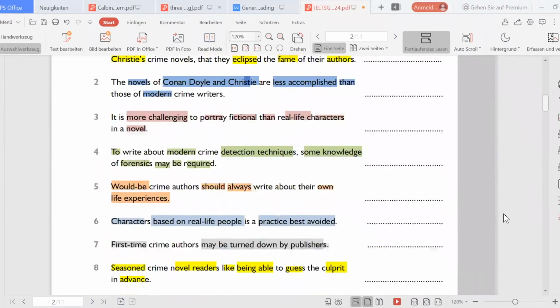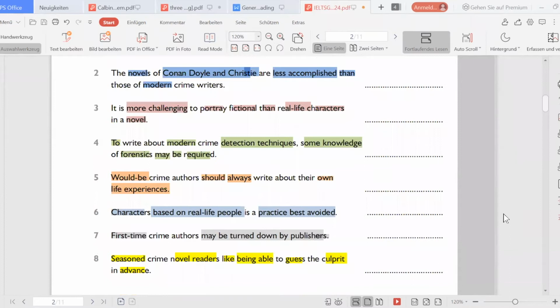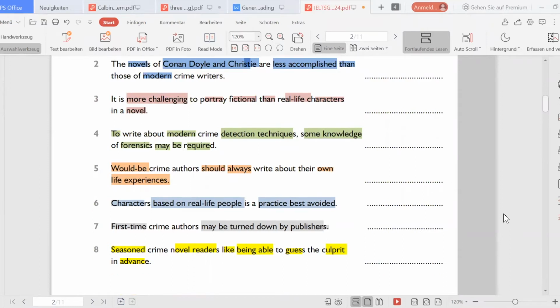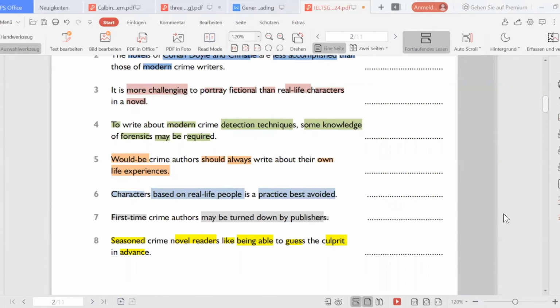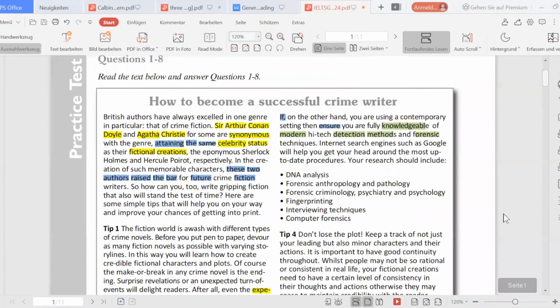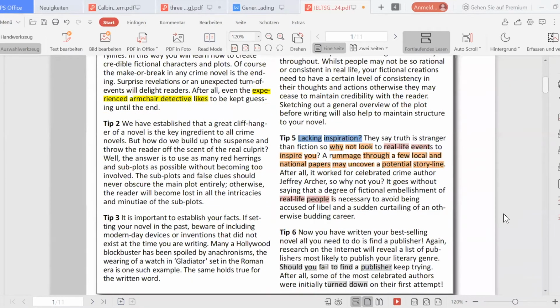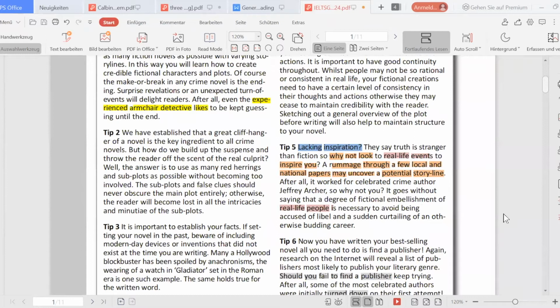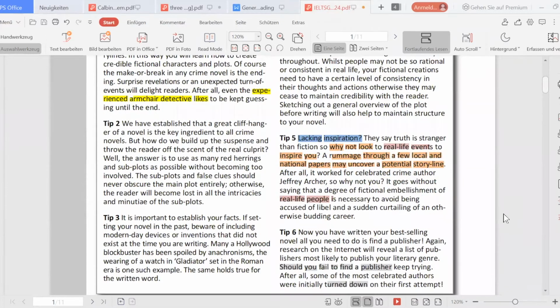Number 6, characters based on real life people is a practice best avoided. So my keywords are characters based on real life people, practice best avoided. Okay, so I go to the text and then I read. And sometimes, if you're lucky, one sentence could also apply to 2 questions, just like in this case. All right.